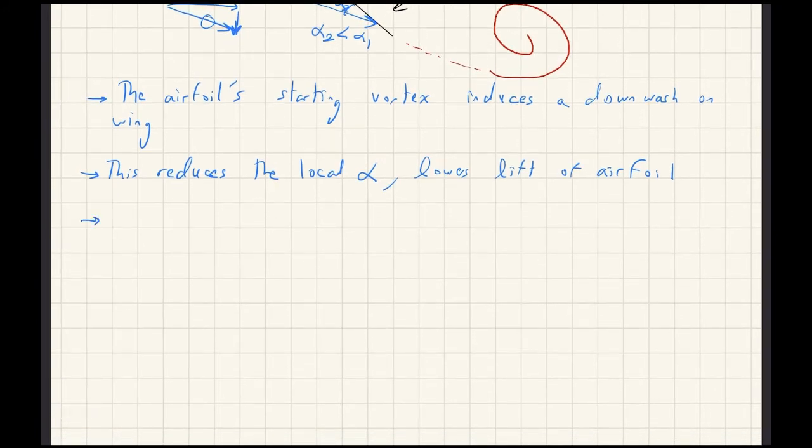And since we know that the starting vortex is only in the vicinity of the wing for some short period of time and then it sort of convects away from the wing, this effect diminishes as the starting vortex moves away from the wing.